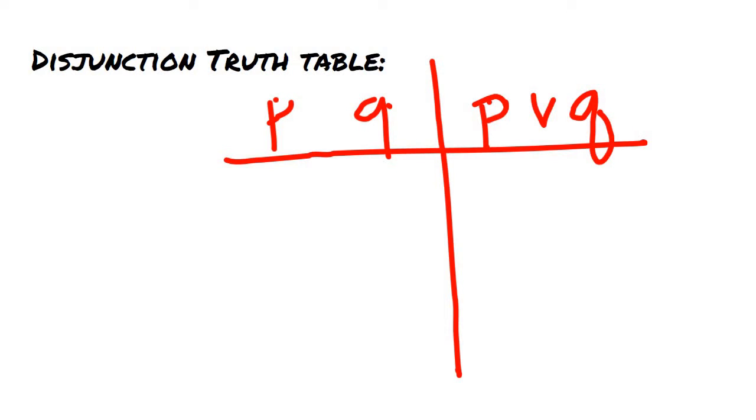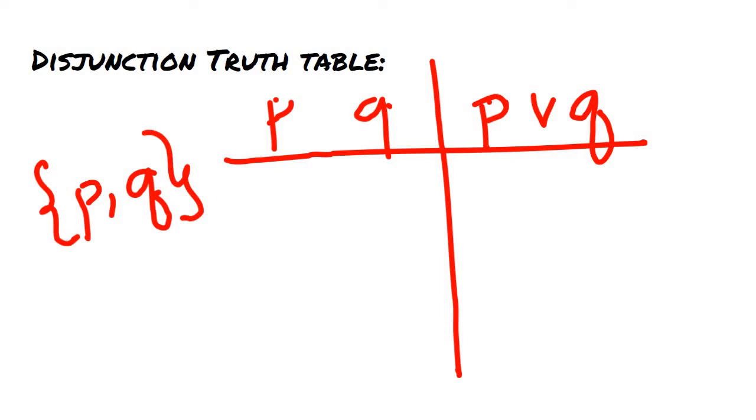The question is, how many rows are we going to complete this with? Let's say we have variables P and Q. How many possibilities do we have? For P, this can be either true or false.